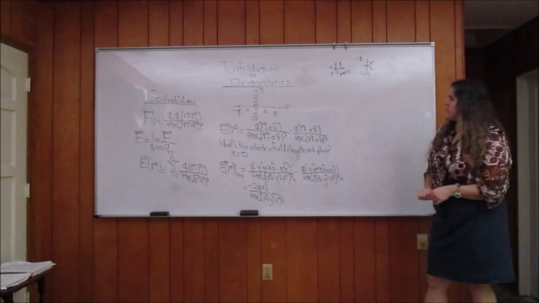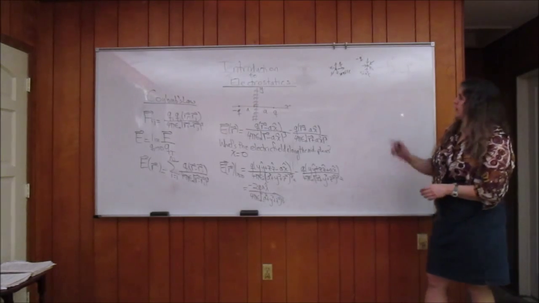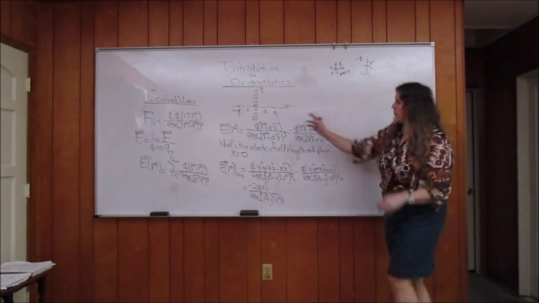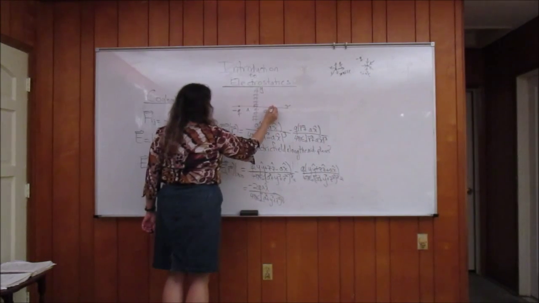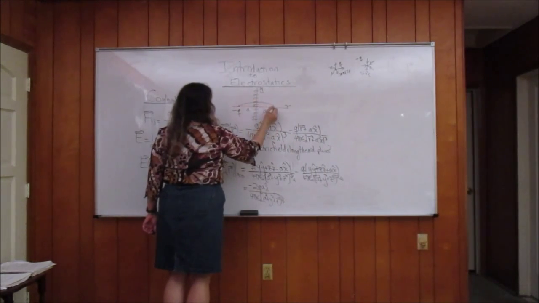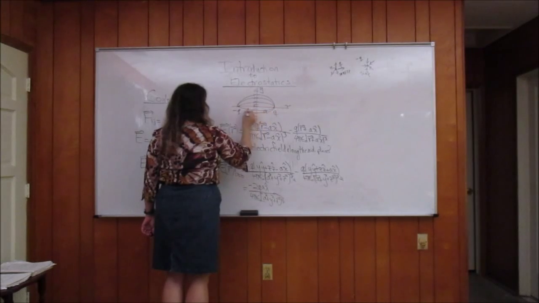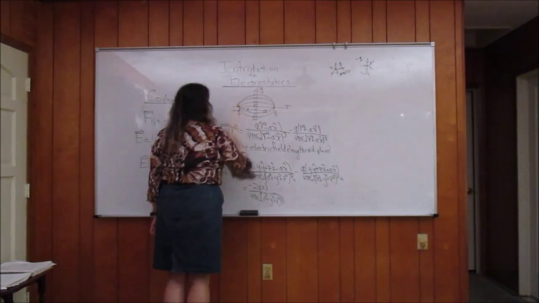Electric field lines never intersect each other, so they radiate outwards, starting at positive and going to negative. And they look like this.